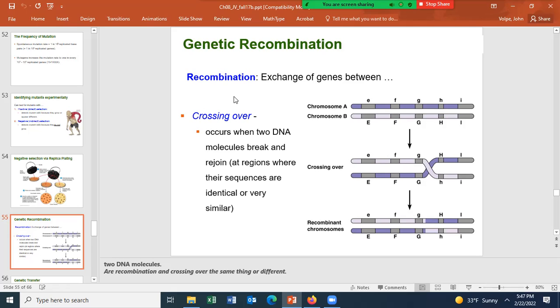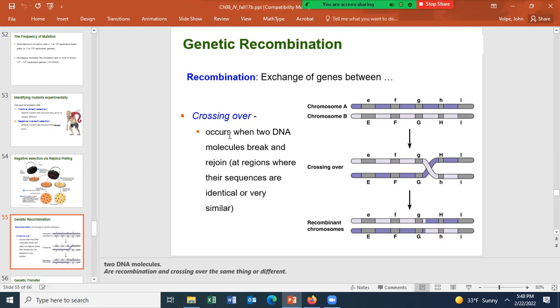For example, a recombination that's happening and crossing over is not happening when a DNA molecule is pulled into the cell, taken up by the cell, and then that DNA molecule gets inserted into the chromosome, and usually a region of the DNA is lost from that chromosome during that insertion. This will be a case of recombination that happened without crossing over.